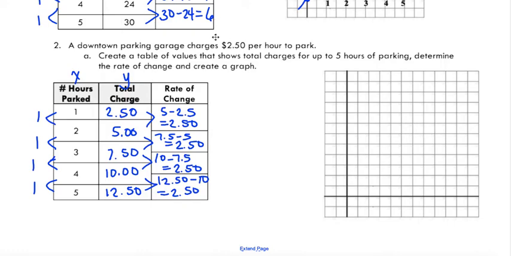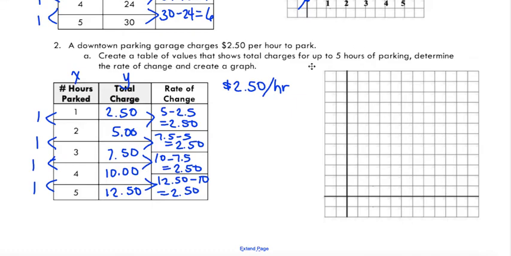So this shows me that my rate of change is $2.50 per hour, which is what we expected anyways, because that is how much it is per hour in our question.